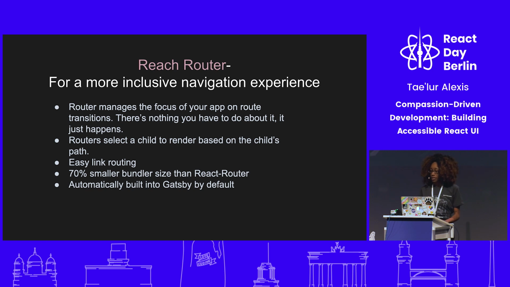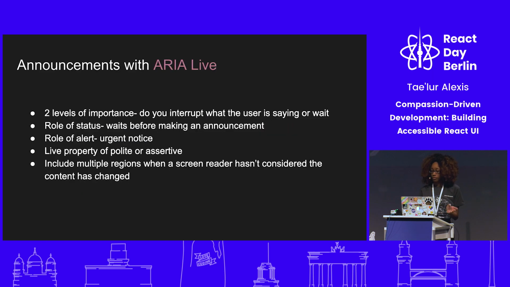Reach Router is something that you may already know about. I believe it's a 70% smaller bundle size than React Router. It's automatically built into Gatsby, and it manages the focus of your app on route transitions. It's a pretty seamless transition. It's nothing that you have to really do, it's already built into that particular library. And then there's announcements with live regions.